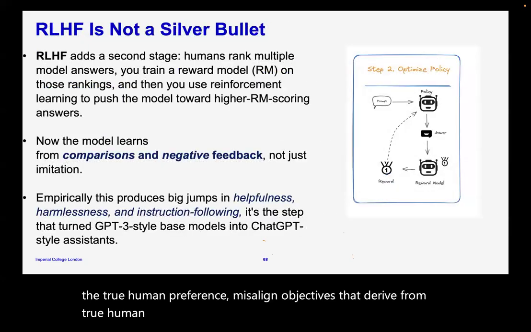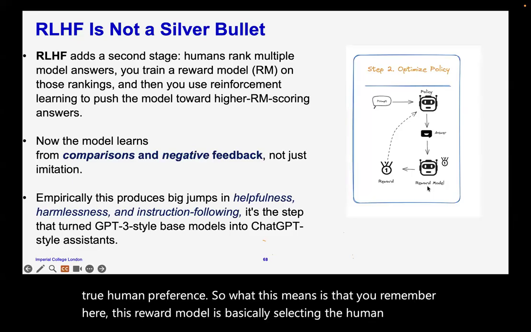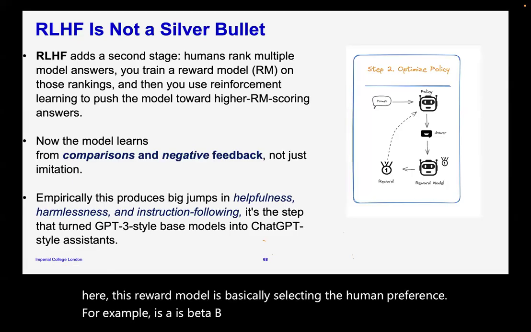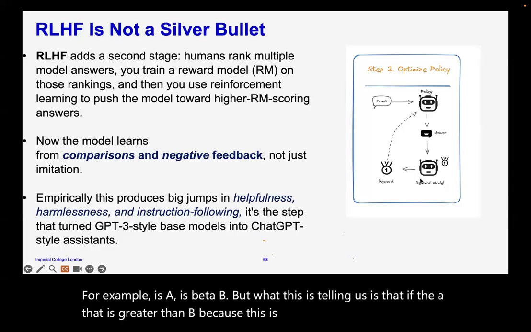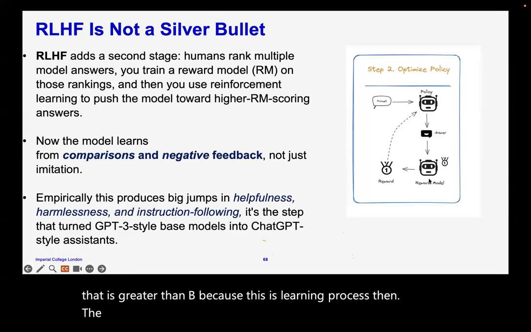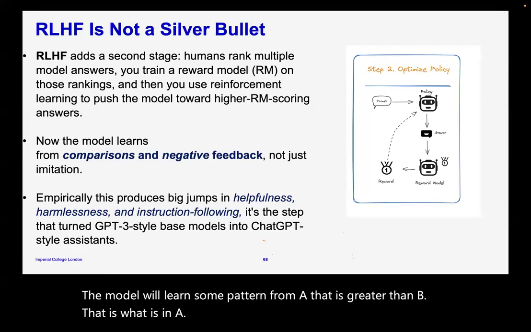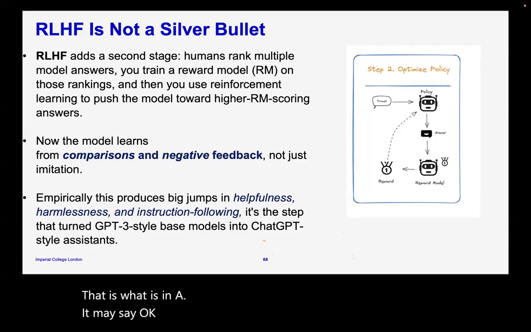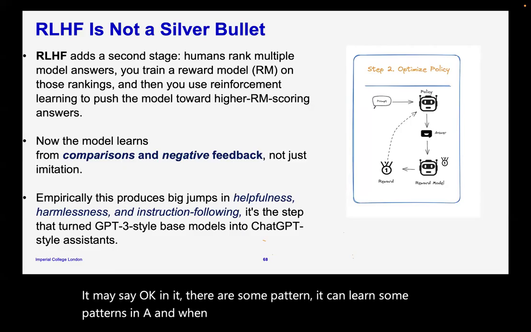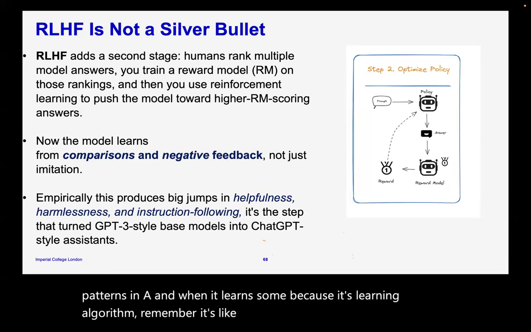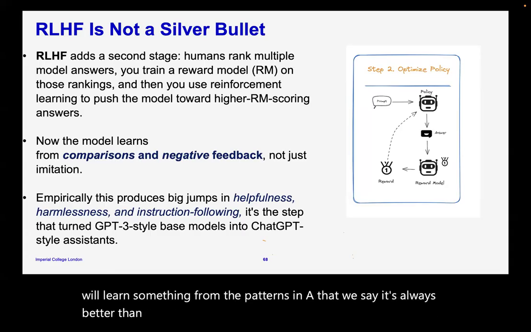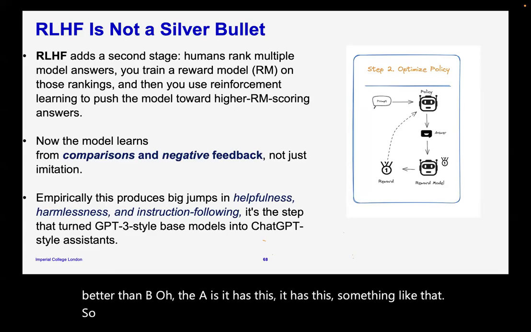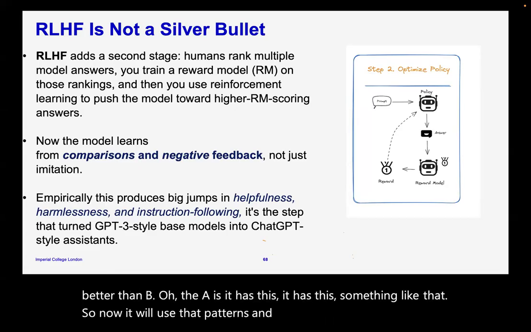What this means is that the reward model is basically capturing human preference, for example, A is greater than B. But because this is a learning process, the model will learn some pattern from the A that is preferred over B. Since it is a deep learning algorithm, it learns something from the patterns in A that we say is always better than B. Then it uses those patterns to reward something that is not the right one.